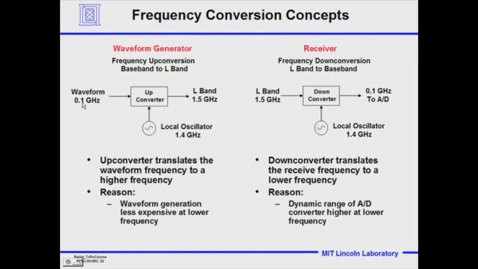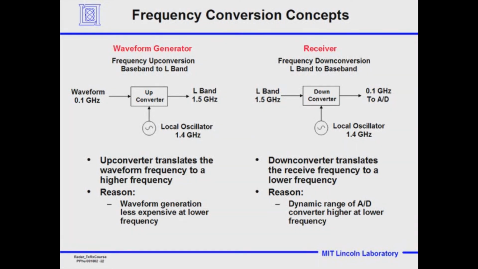And when we up convert, we're essentially adding the two frequencies, and what comes out is the sum of the two frequencies. This device is known, if you happen to be an electrical engineer, as a mixer. And when you mix two signals together, you get both the sum and the difference of the two signals.